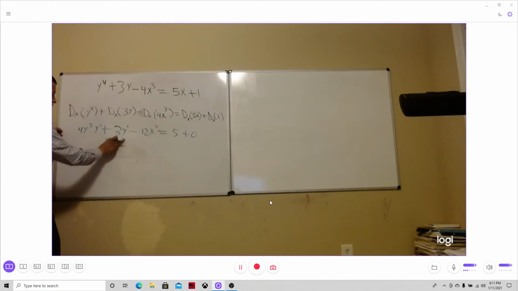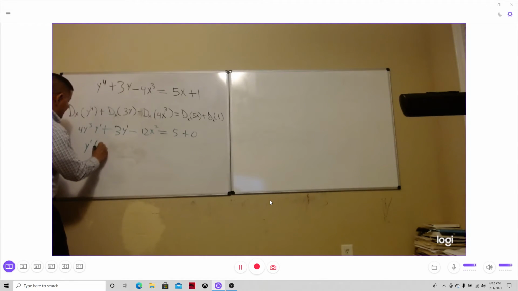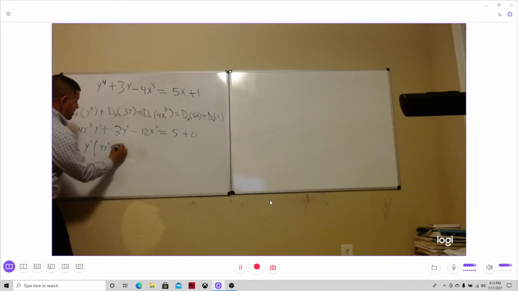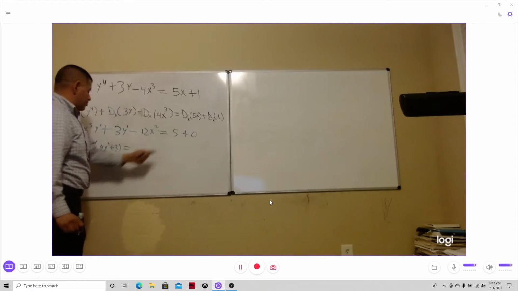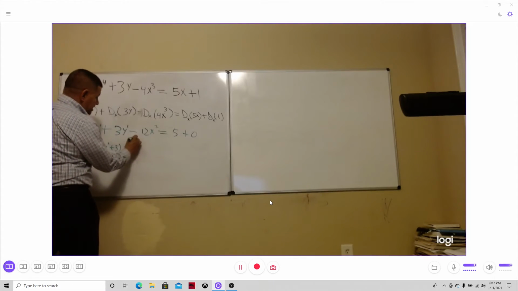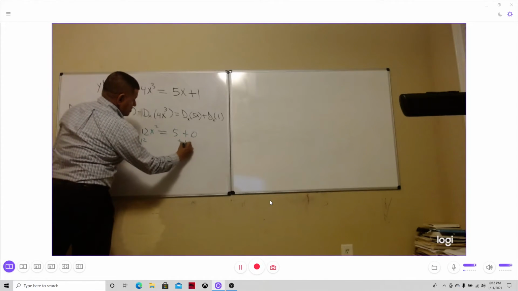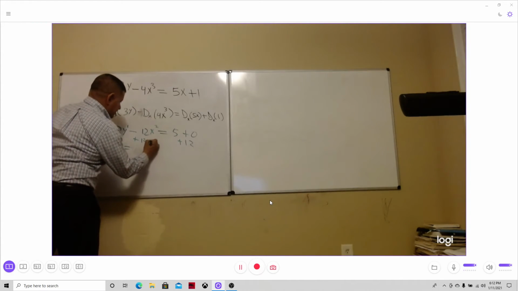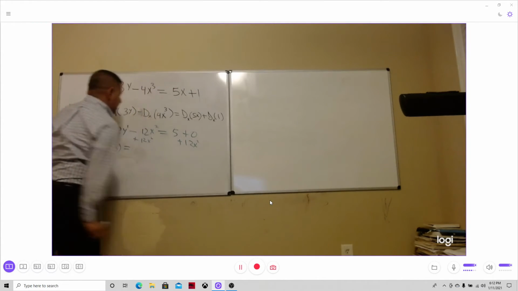So what I can do, I can factor out y prime, and say that 4y to the third, right, plus 3 equal to, and at the same time I can just add 12x squared on both sides.